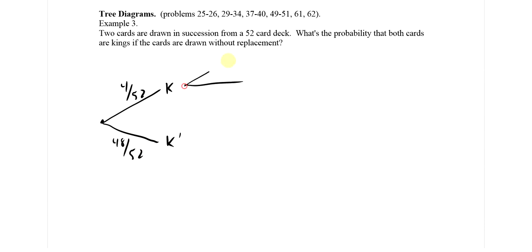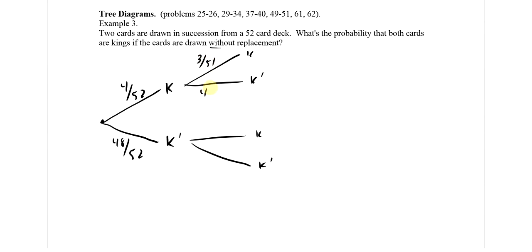And then the second choice, we draw a card and we want to know whether that is a king or not a king. King, not a king. And so this is our tree diagram. Now what's the probability that this card is a king, but the cards are drawn without replacement? So what's happened here is I've taken one king out of the deck, so there's 3 kings left and 51 cards total.